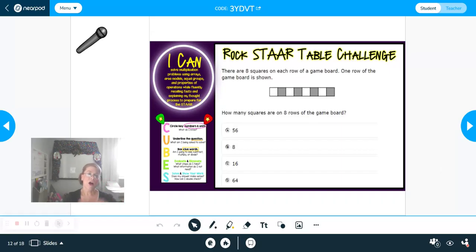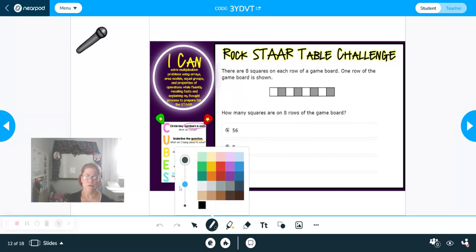There are eight squares on each row of the game board. One row of the game board is shown. How many squares are on 8 rows of the game board? Sorry, I'm getting flustered, just being honest. So here we go. If we're using the CUBE strategy, C, circle any numbers or units. Okay, here I know to circle the numbers.